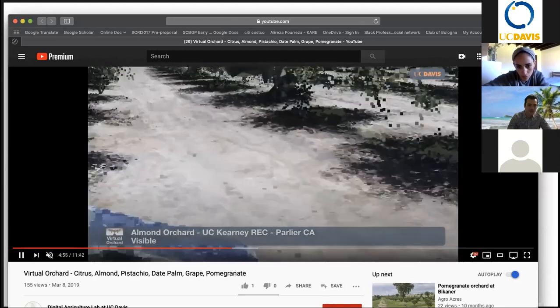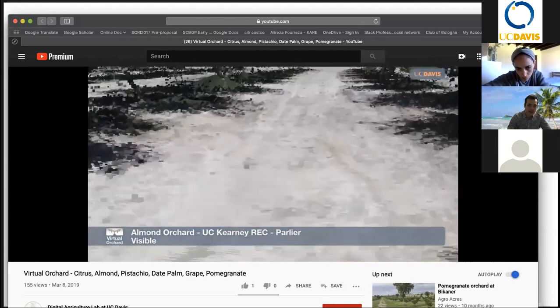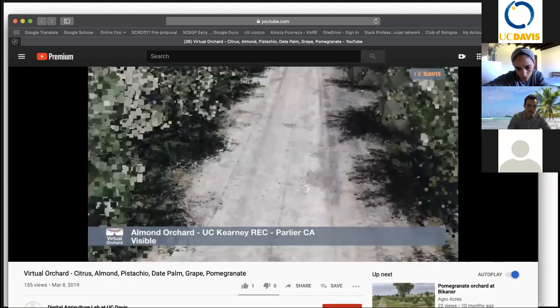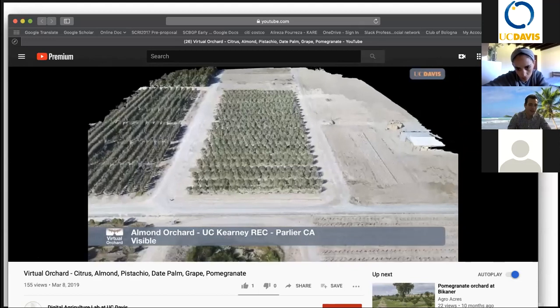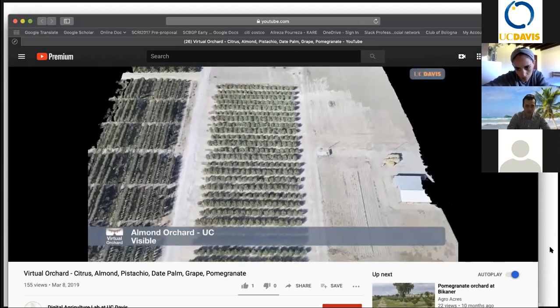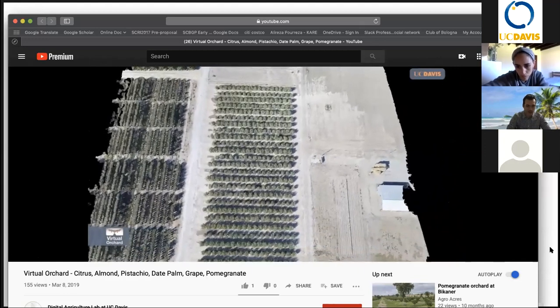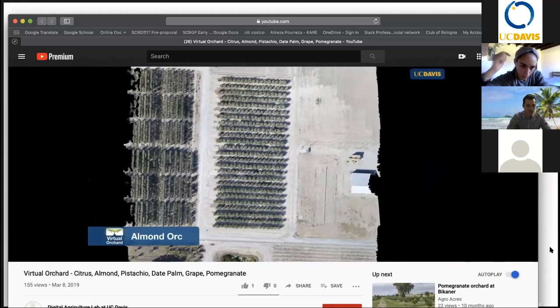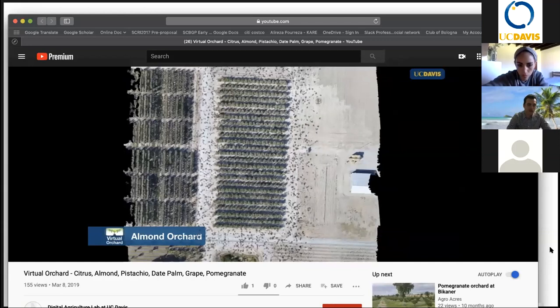To do that, we run a light bar, a ground vehicle with light sensors on it, to see where it's light, where it's dark, and then estimate how much light is intercepted by the entire orchard. That would give us some estimation of how much yield we can obtain. But that's a value for the entire orchard.